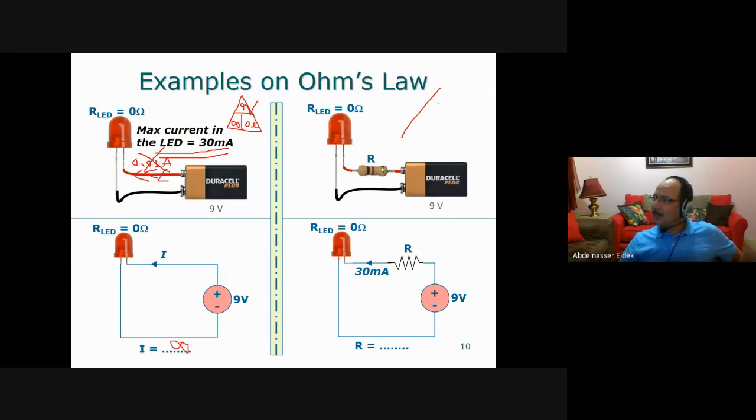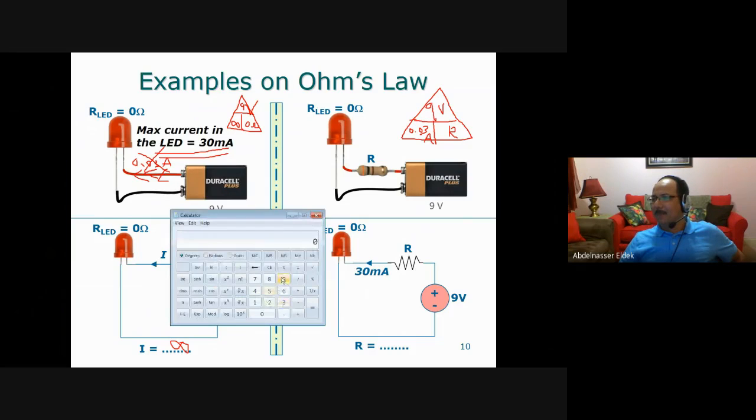In this case, we have to use Ohm's law. The voltage is 9 volt. What is the current? The current is 30 milliampere or 0.03 ampere. So now we need to know the resistance, and that is very easy to calculate. The resistance will be 9 volt divided by 0.03, which is 300 ohm.